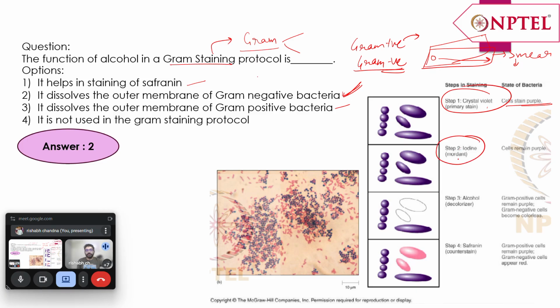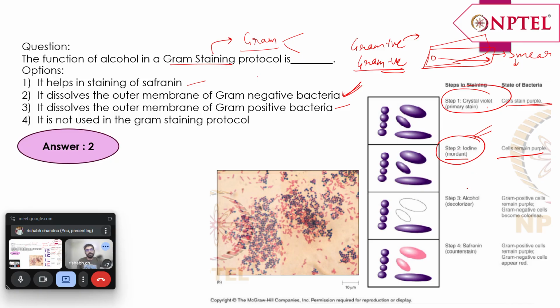Iodine is a mordant that basically stabilizes the stain that was given to the cell wall of the bacteria. So the cells that were purple will remain purple, and the purple color would be stronger in this case, because we have added a stabilizer in the smear.